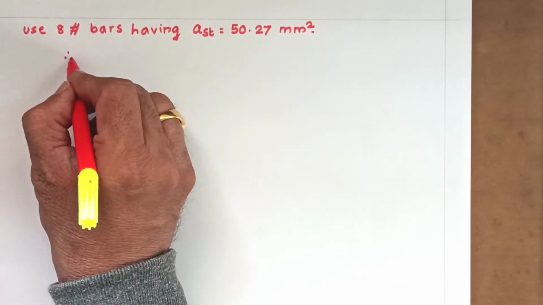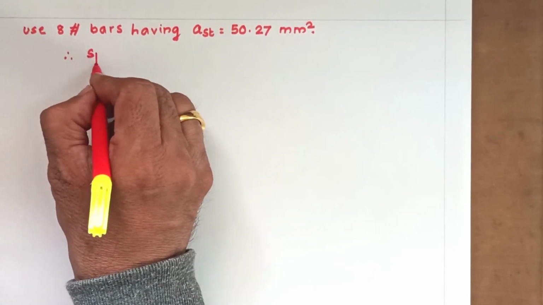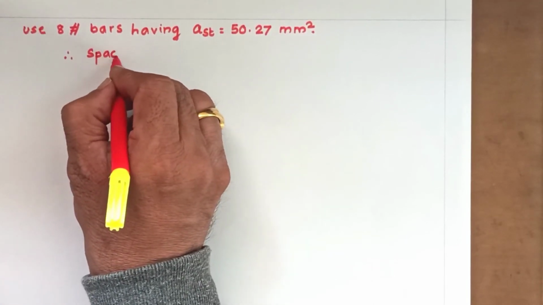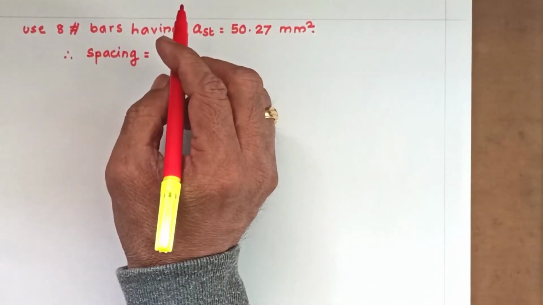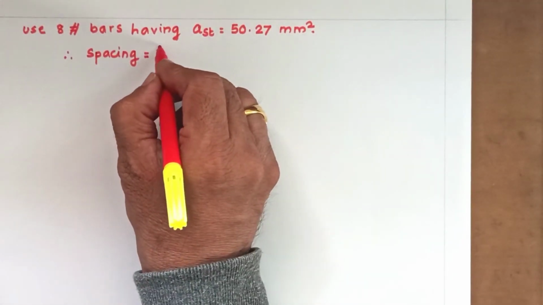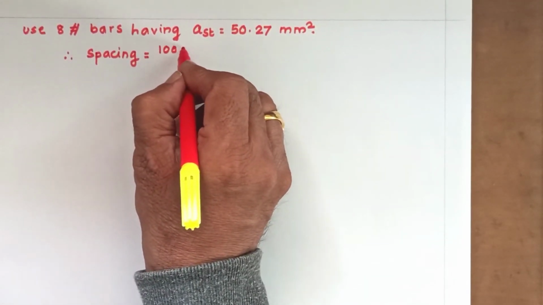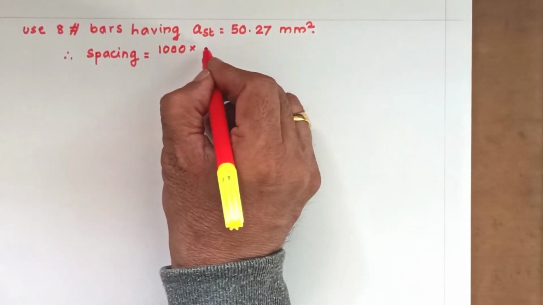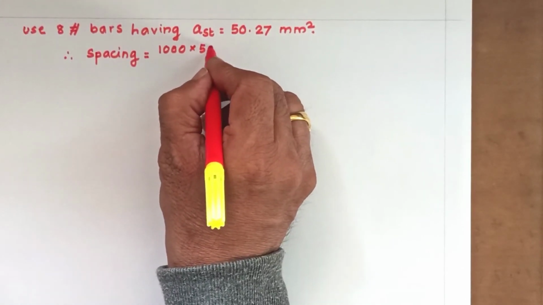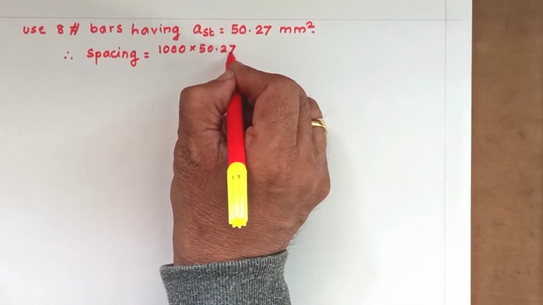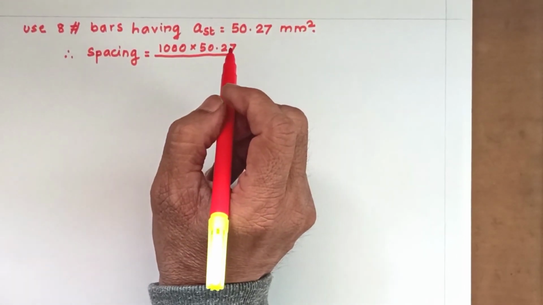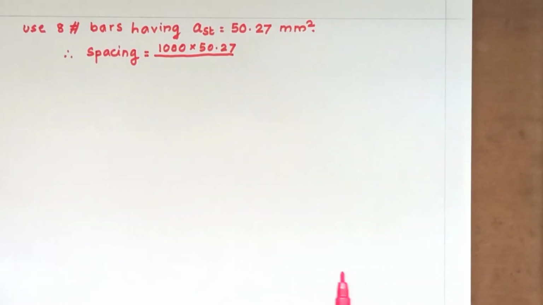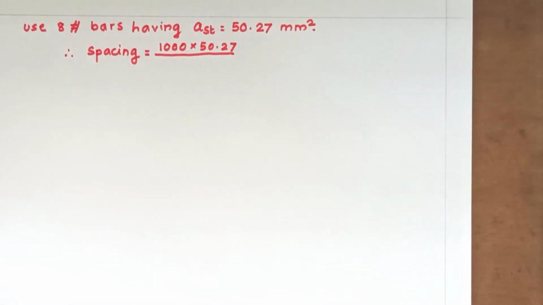Therefore, spacing. How do we calculate the spacing? Spacing is equal to 1000 into small AST, that is 50.27, upon capital AST, which we have calculated as 465.13.